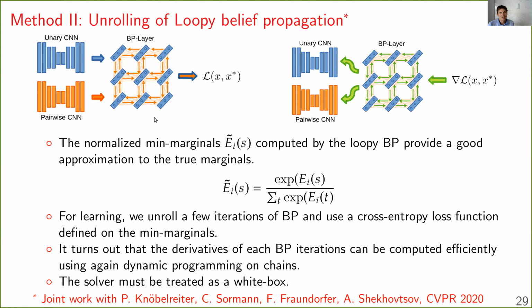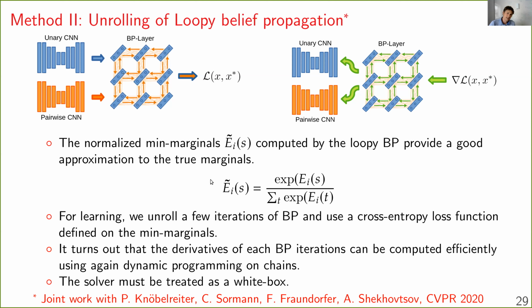We computed the min-marginals, as I explained on the previous slides, which can be interpreted as approximate true marginals of your statistical model. We normalized those marginals, and then used them to set up a loss function that minimizes the cross entropy between the normalized min-marginals and the distribution given by the ground truth solution.